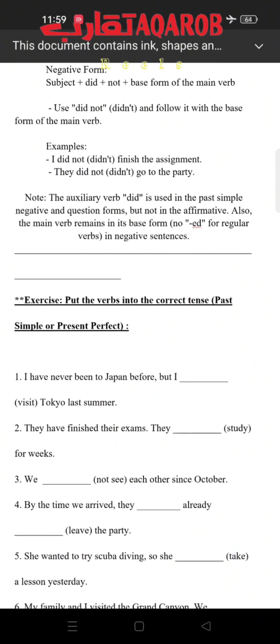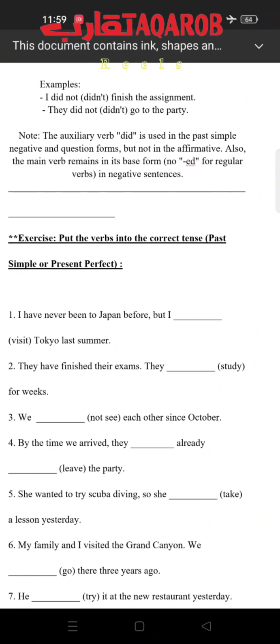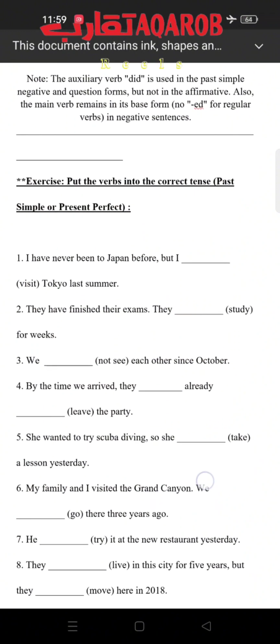After the subject, we place did not or didn't. Use did not or didn't and follow it with the base form of the main verb. Examples: I did not finish the assignment, or I didn't finish the assignment. They did not go to the party. They didn't go to the party.